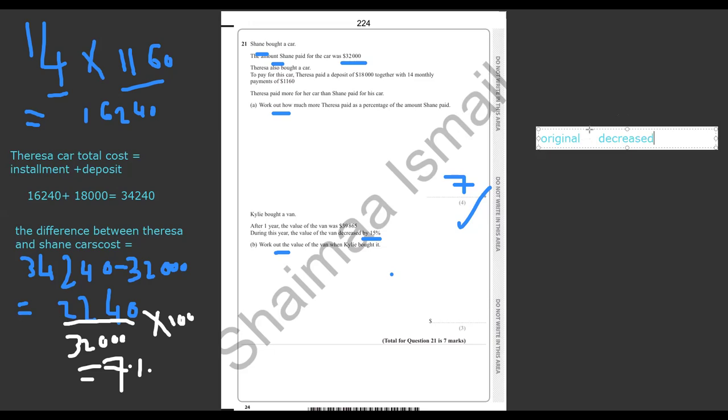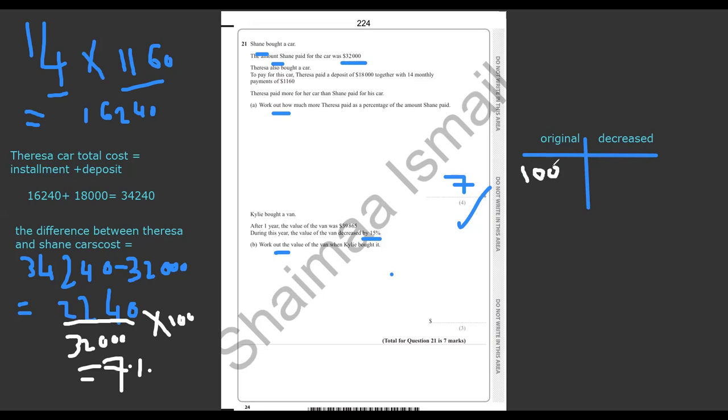We have to separate them here. The decreased away from the original. Yeah. So I say the original here, decreased. So the original for sure 100%. And the decreased, we don't write it 15, we write the 100 minus the 15%, which is equal to 85, okay?